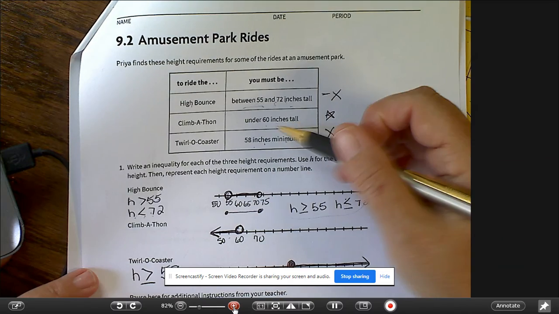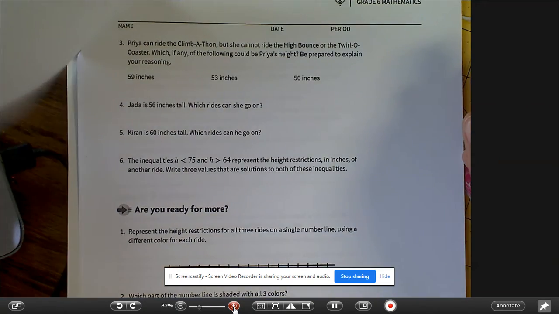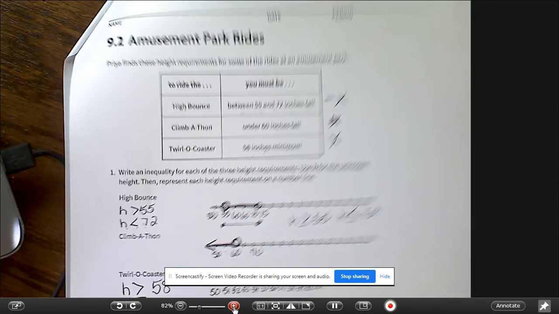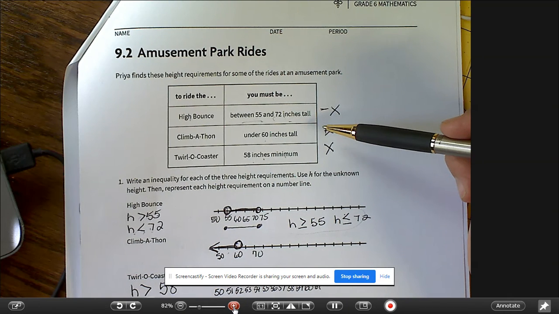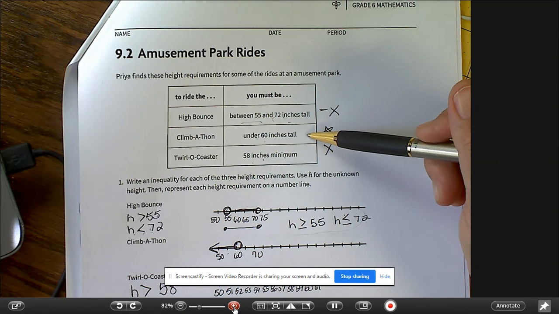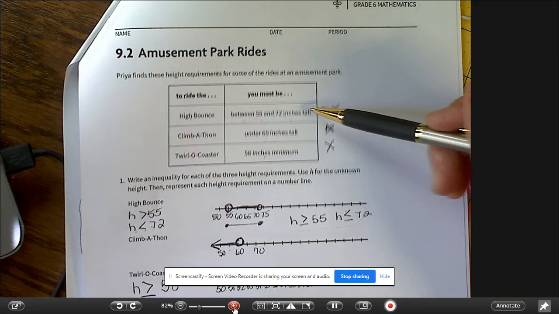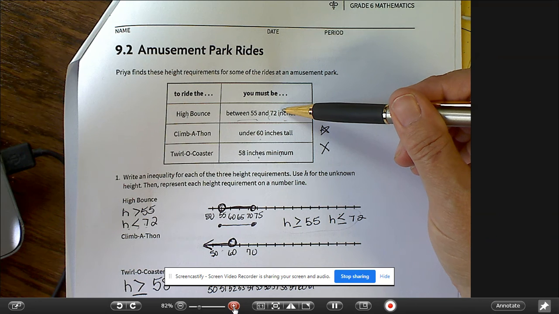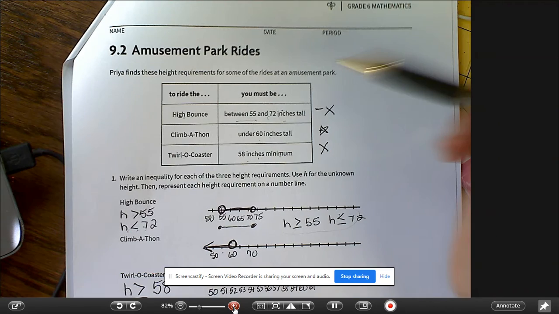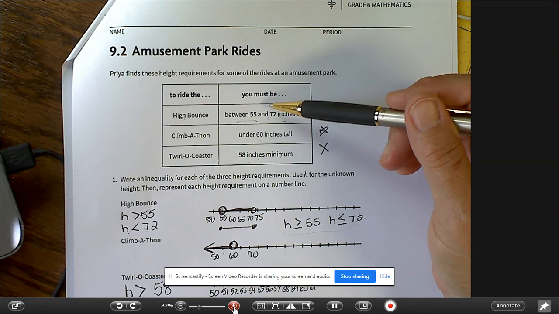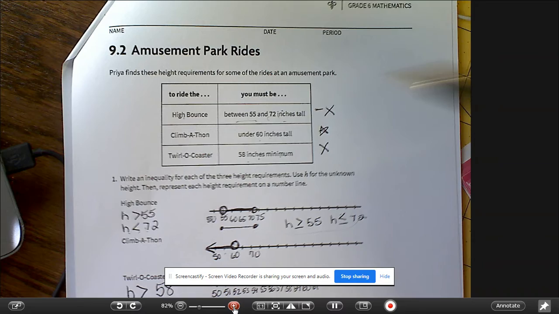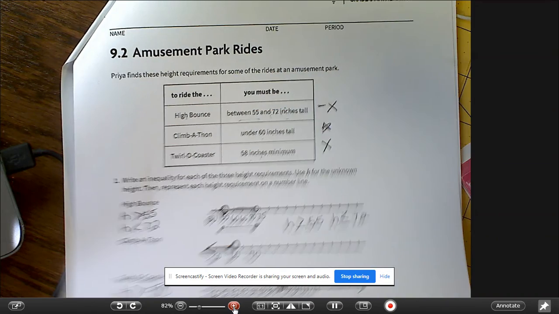So that is under 60 inches. So could she be 59 inches? No, because she would be able to ride this if she was 59 inches. Could she be 53 inches? Yes. Or could she be 56 inches? No. So it's 53.